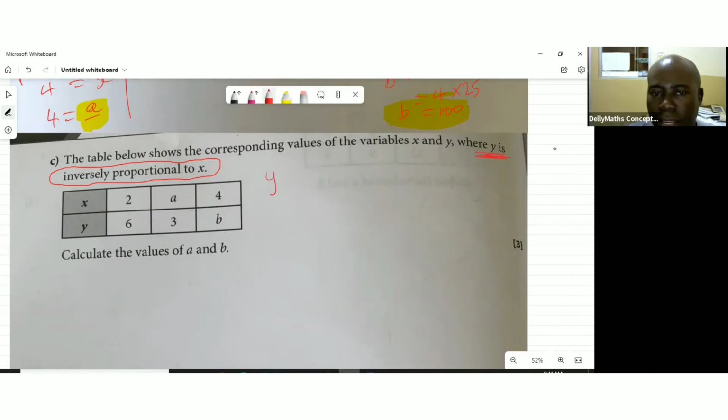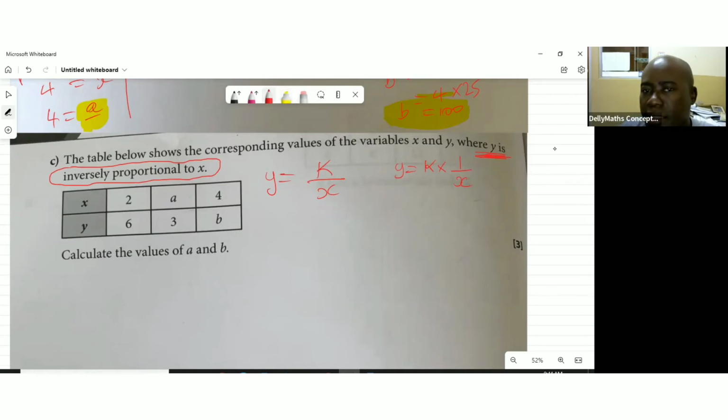So we start off by saying y is equal to k over x. When we have an inverse proportion, the second variable actually acts as a denominator. And I could just quickly show you why. Y is equal to k times the inverse of the other, and the inverse of x is 1 over x because it is inversely proportional to x.